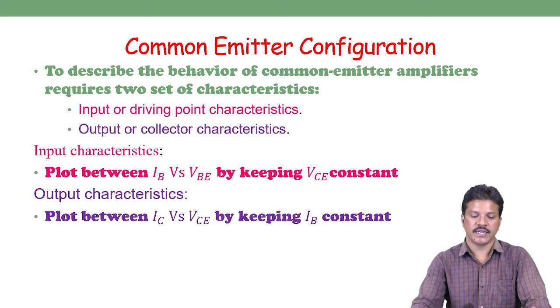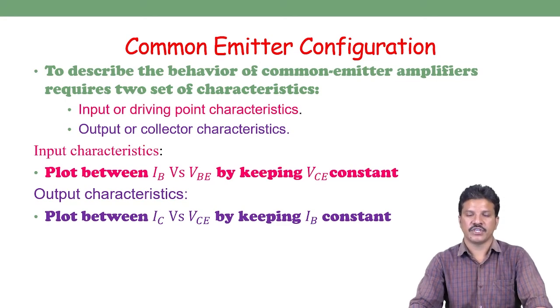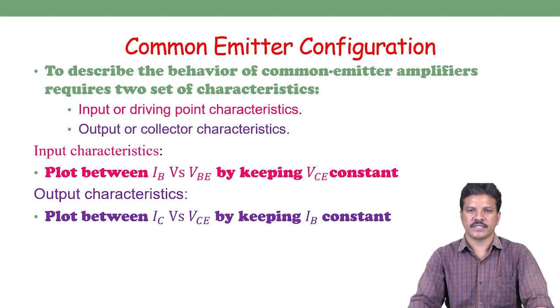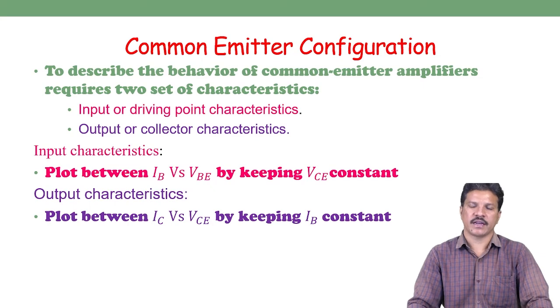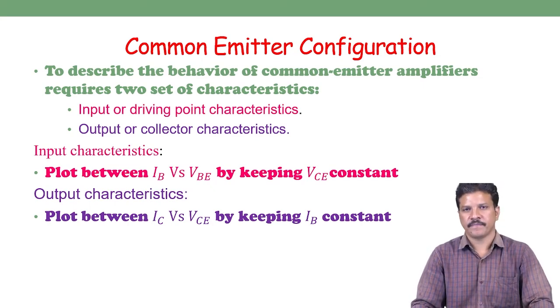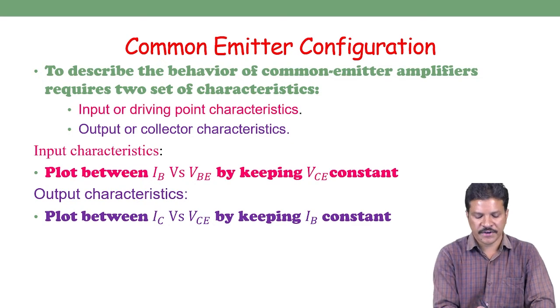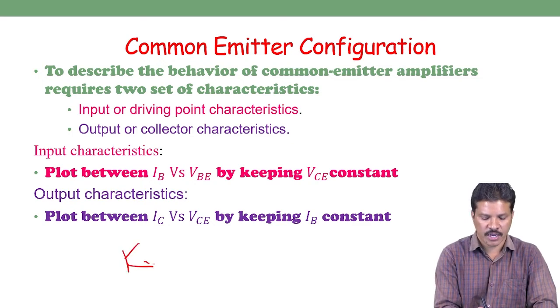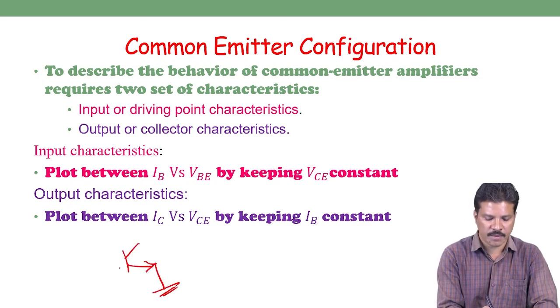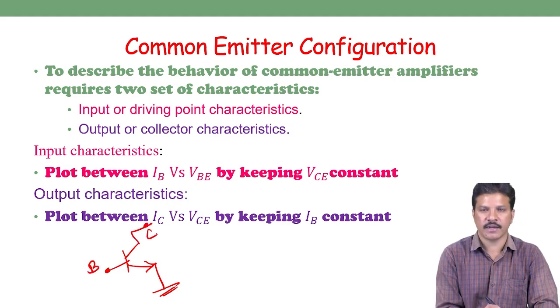Here also, the common emitter configuration behavior can be explained by two sets of characteristics: input characteristics and output or collector characteristics. According to the definition, the input characteristic is a graph between input current and input voltage. Take the transistor in common emitter: the emitter terminal is common, input is connected to base, output is connected to collector.